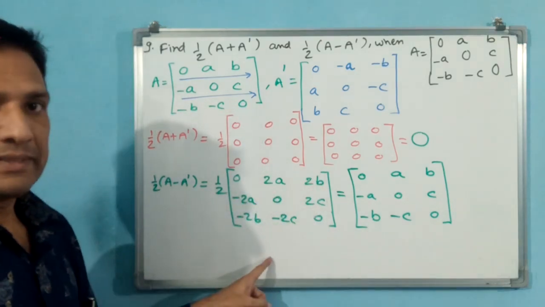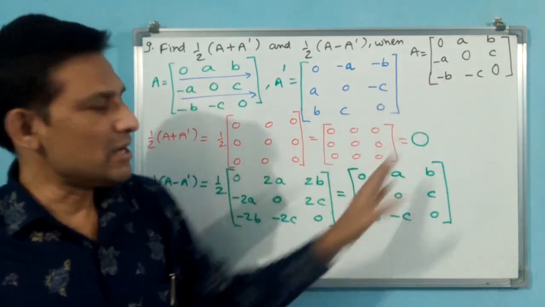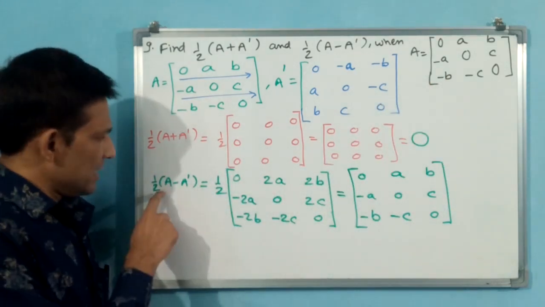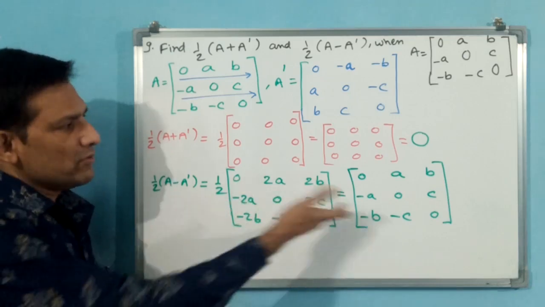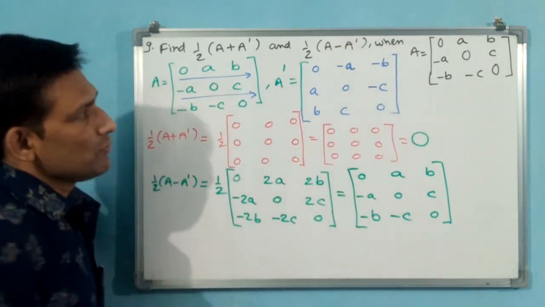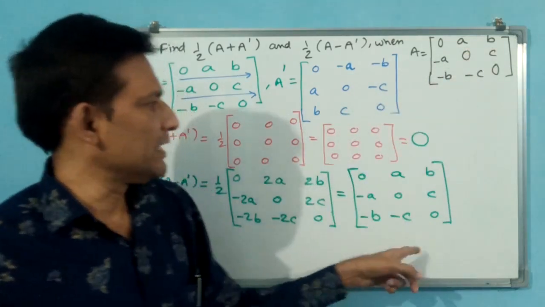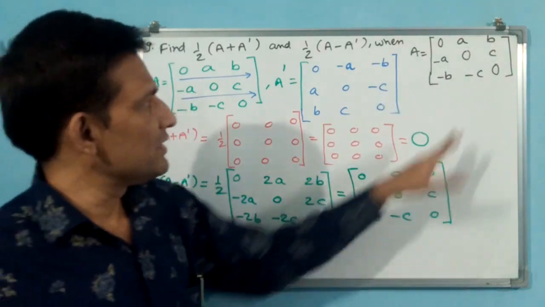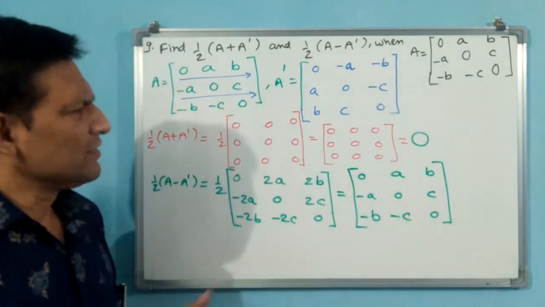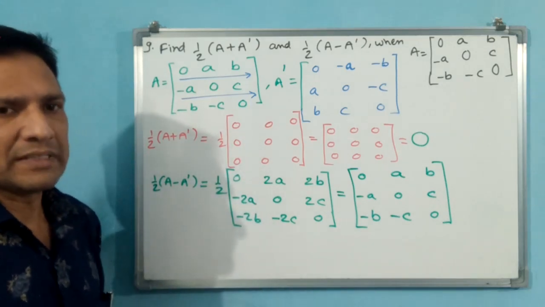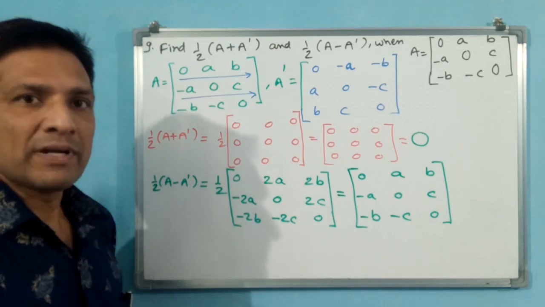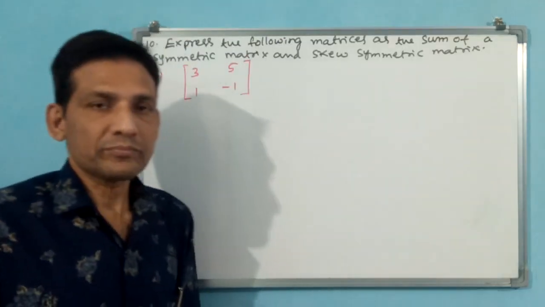See, double matrix, but skew symmetric only double. Then again you have to multiply with 1 by 2, then the original matrix is going to come. You see, original matrix has come. Again, original matrix, but this is skew symmetric matrix. Okay, by seeing examples and all, you are going to get concepts. That's all. Okay, let us go for 10th question.